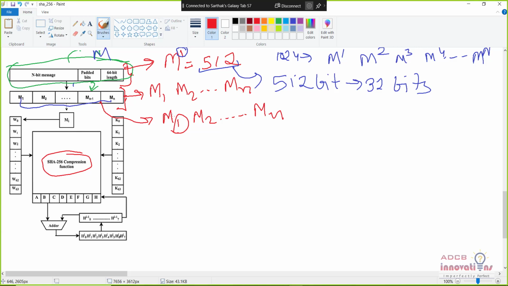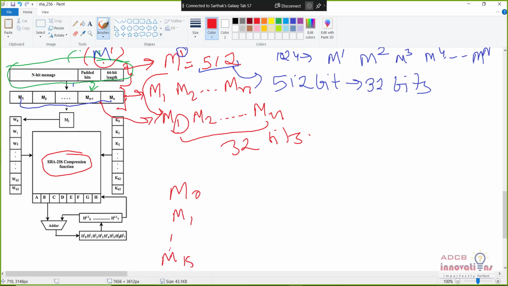So after the message is split, that is M1, M1 is split into 32 bits each, like this. So how is it going to split? When we see the M bits, it should be M0, M1, and it is going to be split like this till M15.